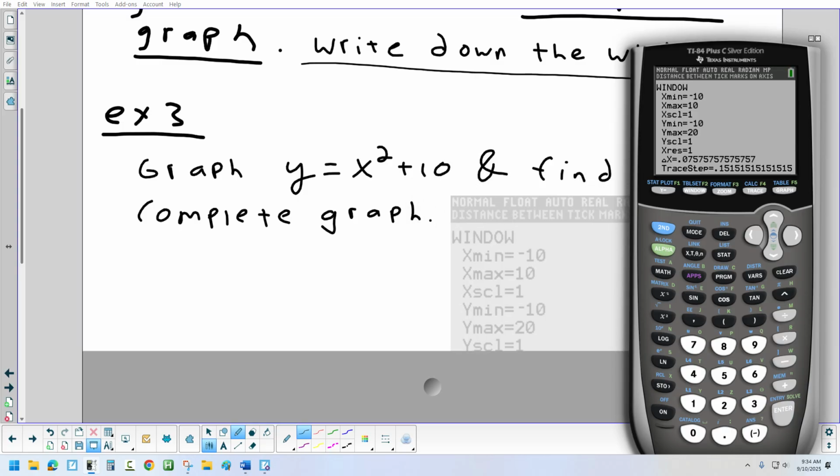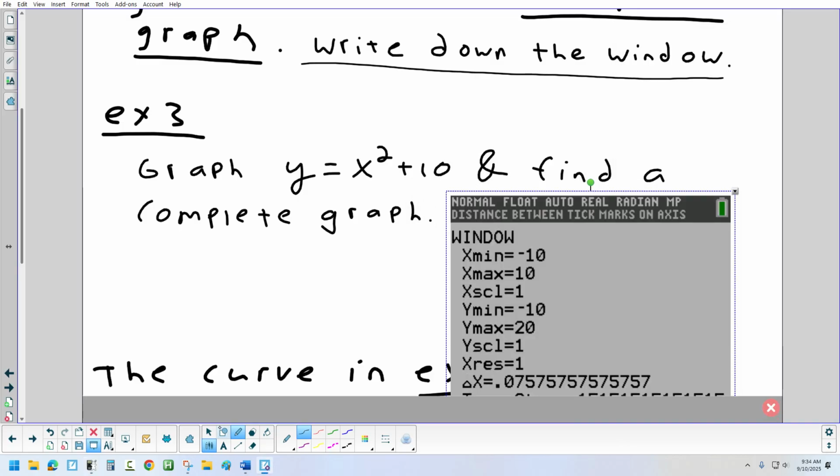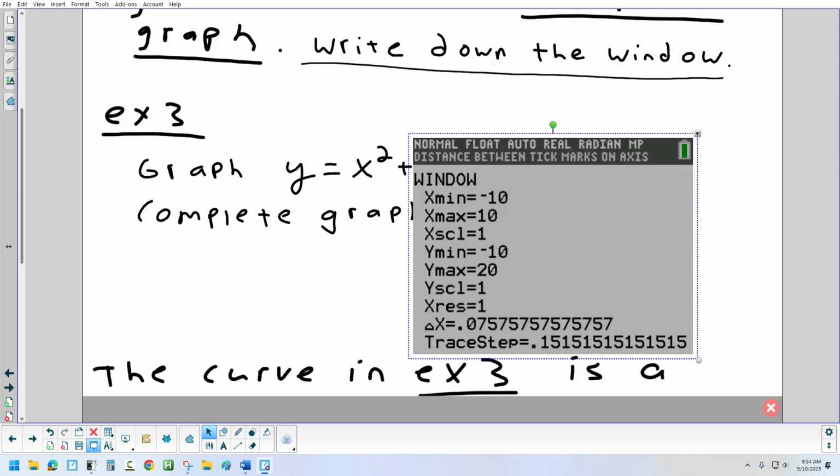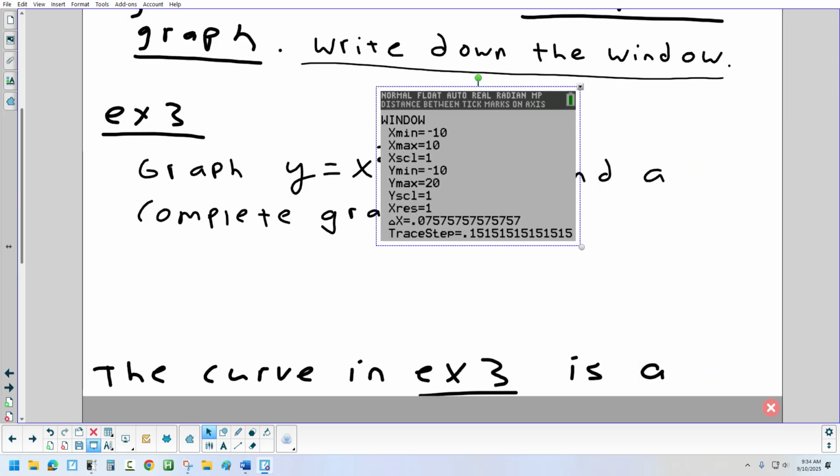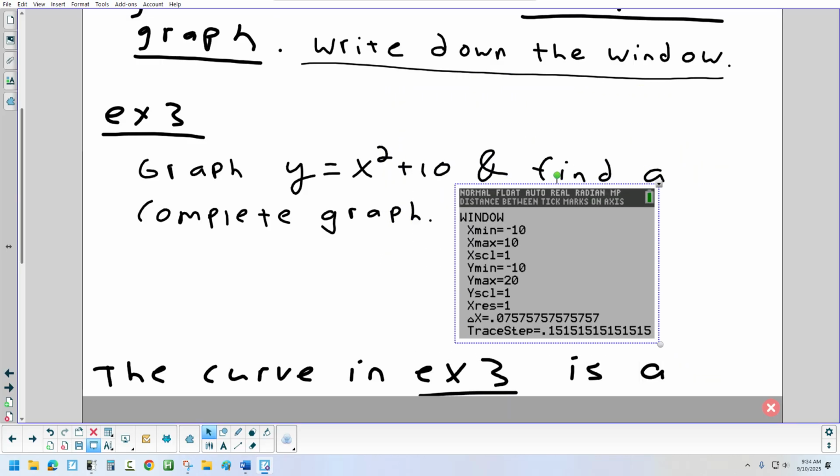So we're just going to write down what we used for the window. Make that a little smaller. Write that down, and write that down. And I think I just said it though, but what's the name of that shape that we just drew? Parabola. Yep, that's a parabola.